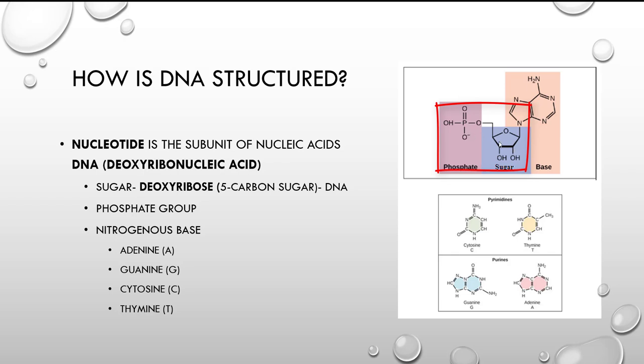So if I have a sugar and a phosphate of one nucleotide, that phosphate group of one nucleotide will bond with a sugar of a nearby nucleotide. And that sugar will bond with another phosphate. So it forms this kind of sugar phosphate backbone.